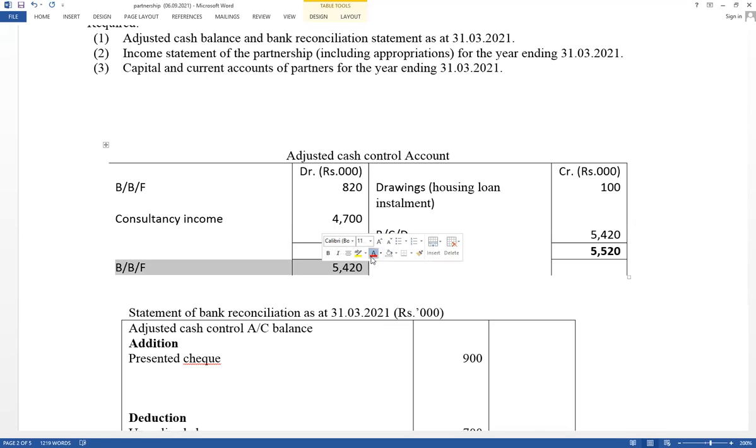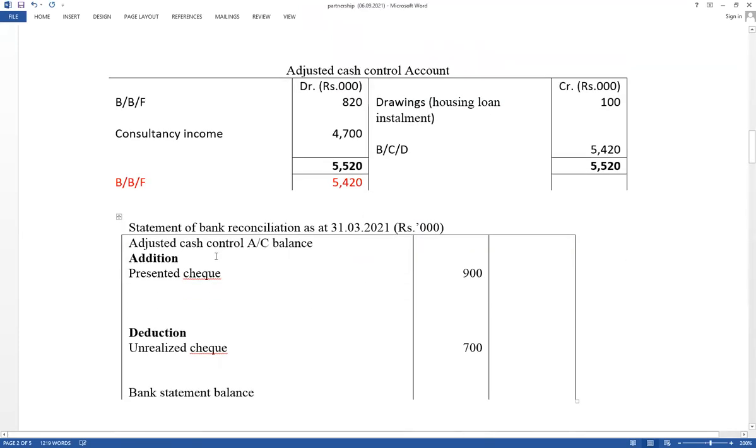Then complete the bank reconciliation also. This value should be included in the statement of bank reconciliation. Adjusted cash control account closing balance equals 5,420. Then take additions and deductions. Addition total amount equals 900. Therefore, 5,420 plus 900 equals 6,320.